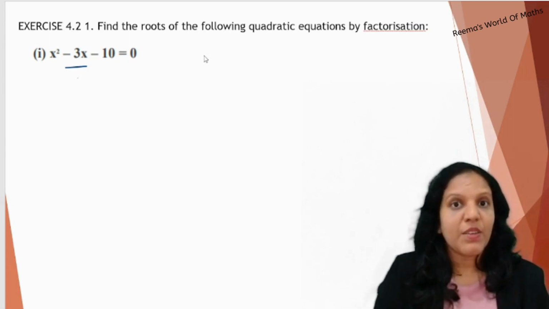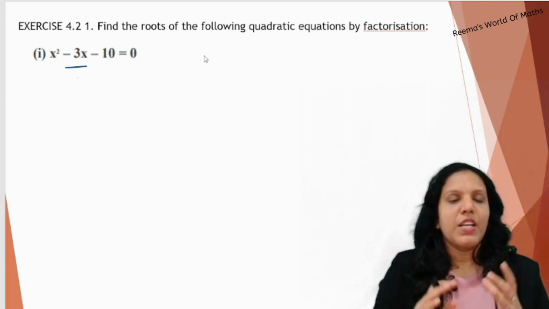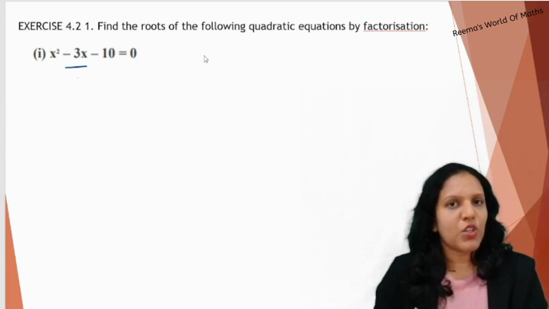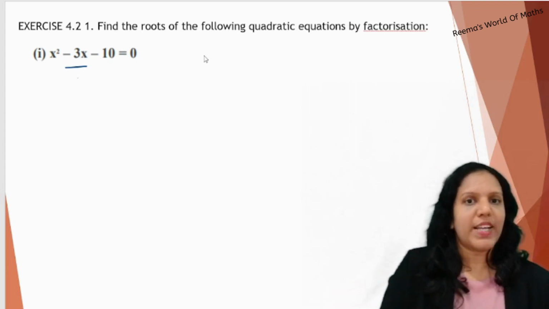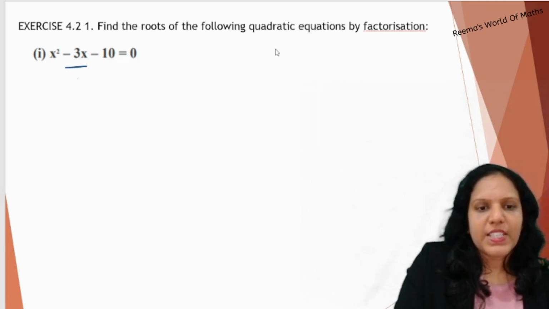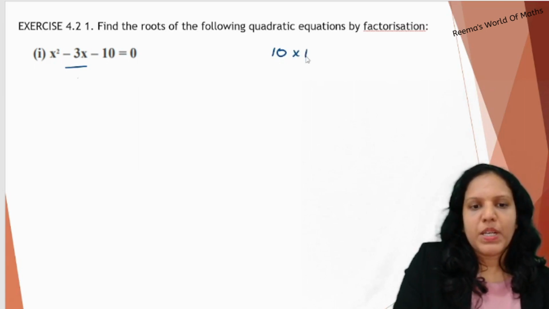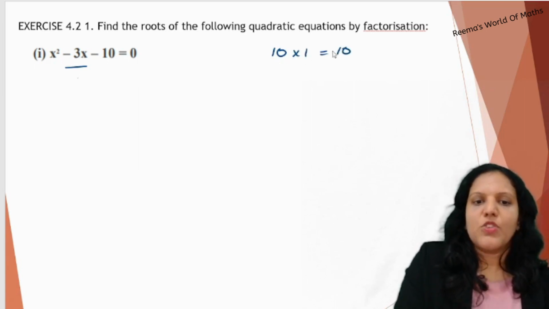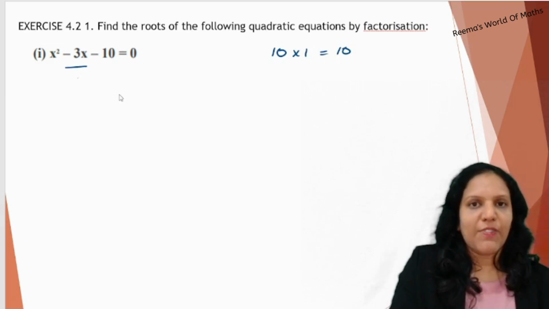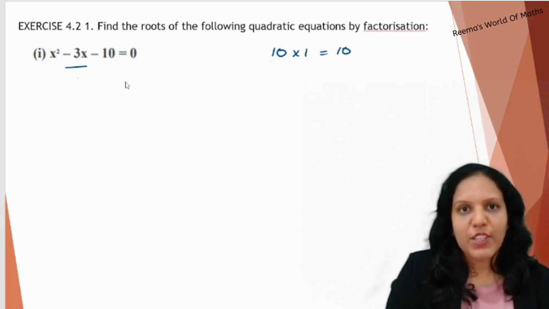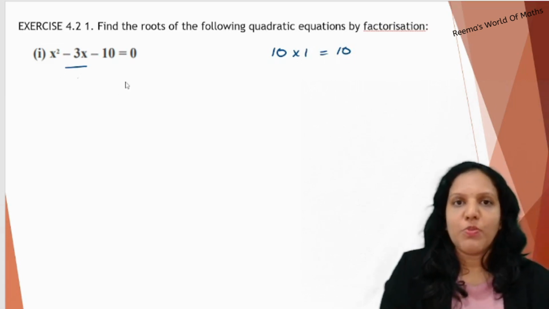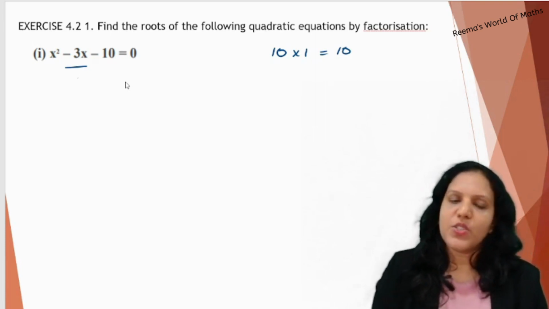The constant is 10 here and the coefficient is 1, so 10 multiplied by 1 equals 10. So we need to split minus 3x in a way that the product of the coefficients of the two split terms is also 10.